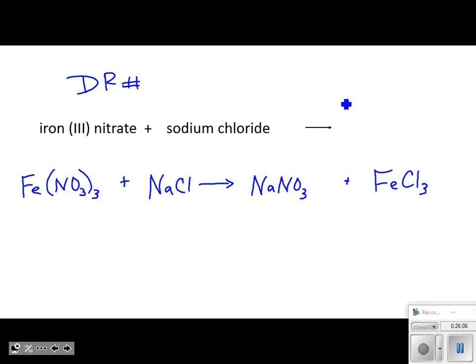Sodium nitrate, I've already dealt with that. That's an S. So this is aqueous. Iron 3 chloride, I've got an S there too, don't I?